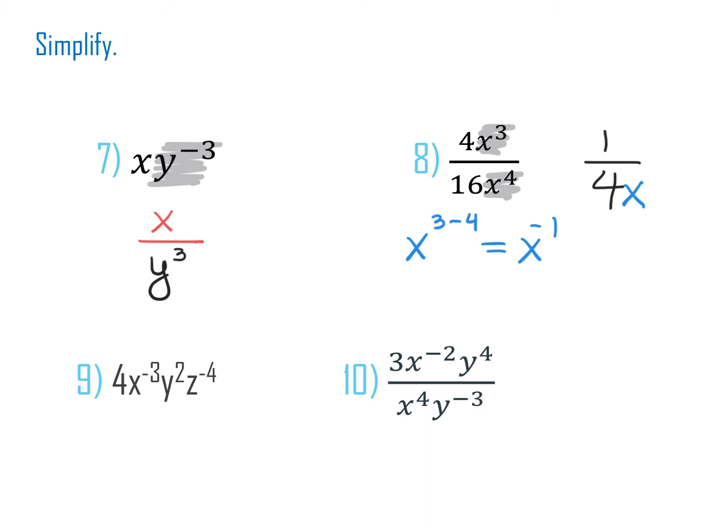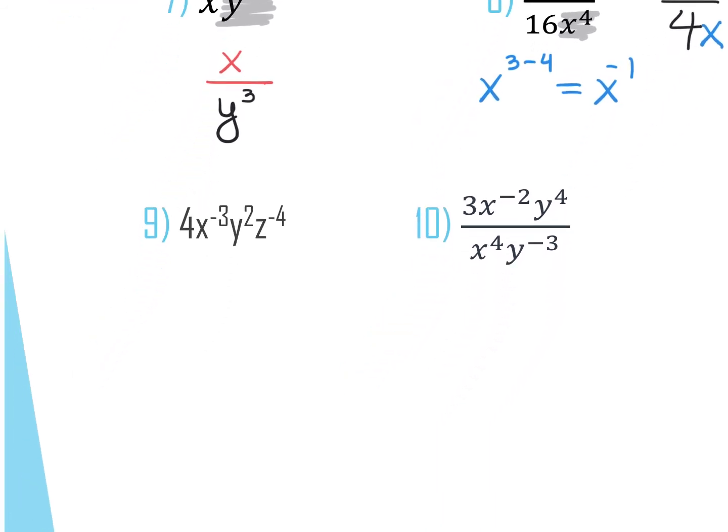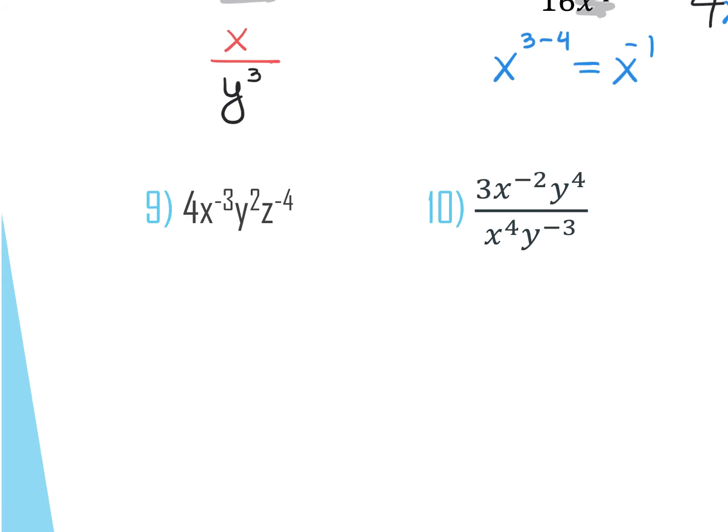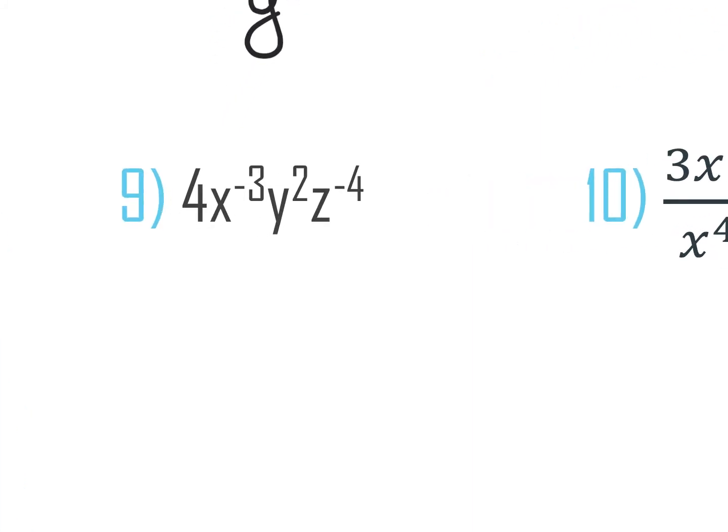Let's try number 9. For this one, I just need to move my negatives to the denominator. So the x to the negative 3 is going to move, and so is the z to the negative 4. The 4 is a positive, you can assume it's got an exponent of 1.